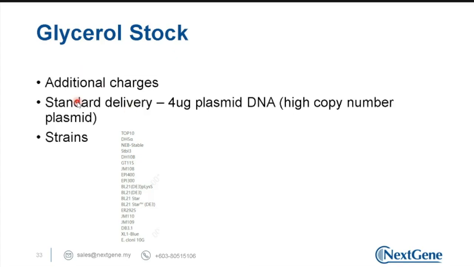Then in addition to the standard delivery of the lyophilized plasmid DNA, we will deliver the E. coli containing your plasmid of interest in this strain. Then you can propagate and do plasmid extraction to get more of your plasmid DNA.